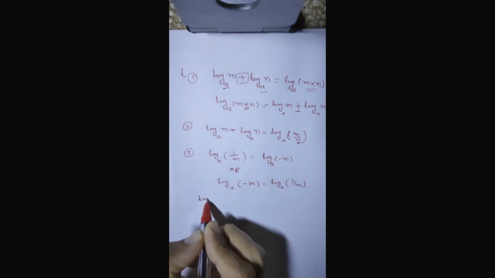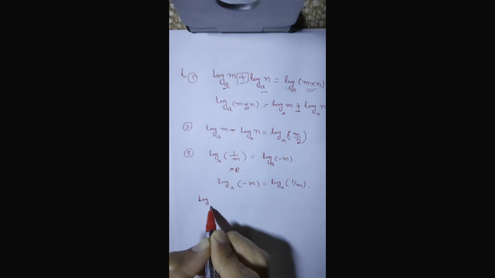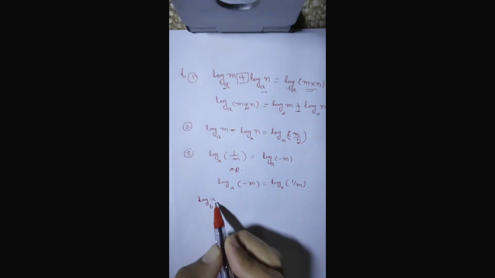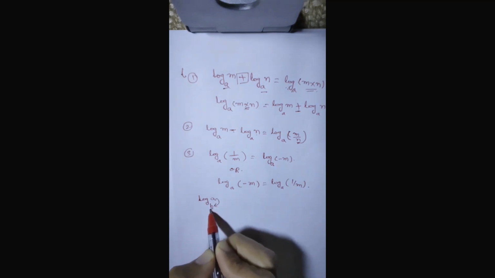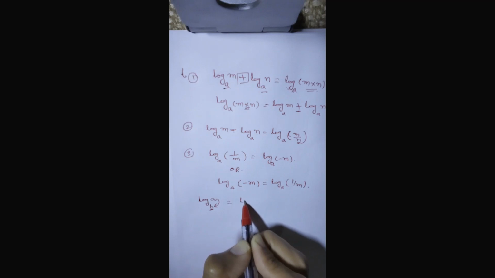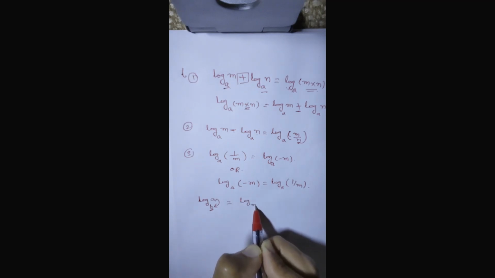Another rule is also called the change of base formula. Suppose I have log of b to the base a. Now I want to change the base. I want to change the base to m.